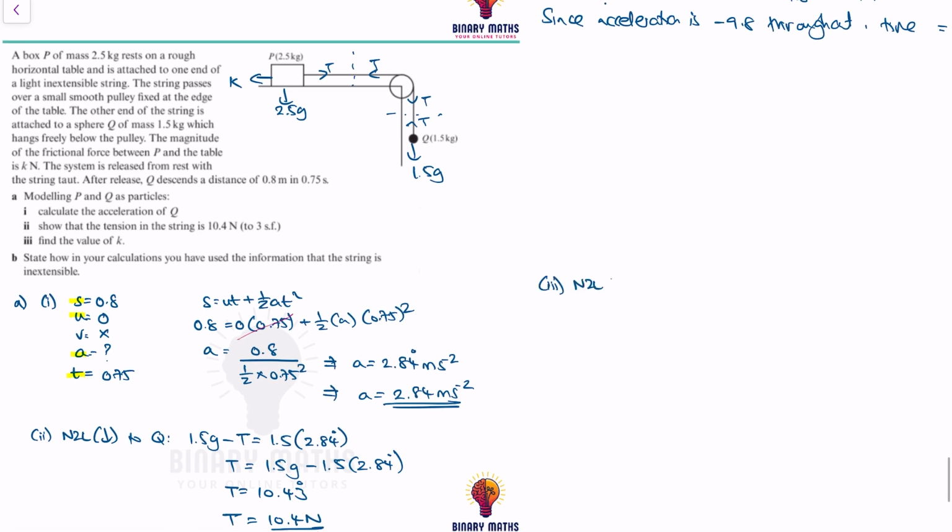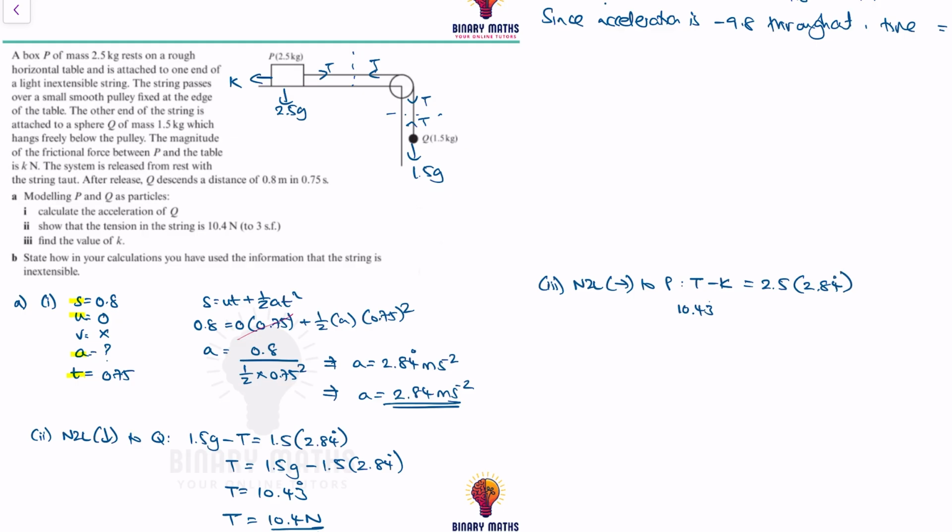Newton's second law applied horizontally to P. Then we have T minus K must be equal to mass, which is 2.5, times acceleration, which is 2.84 recurring. But we know tension is already 10.43 recurring.